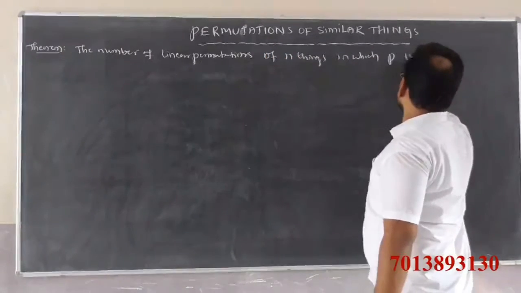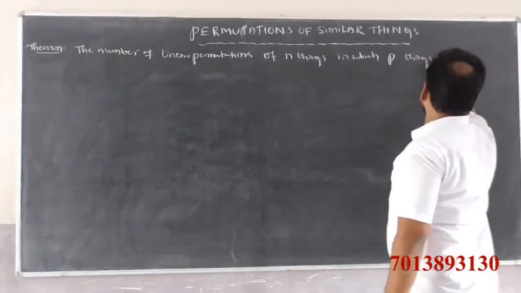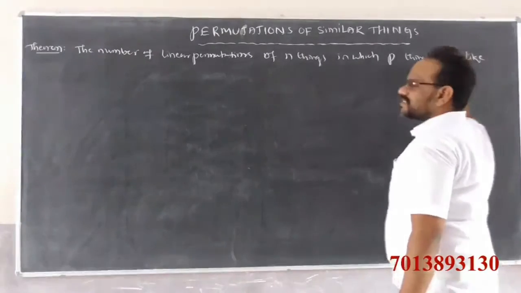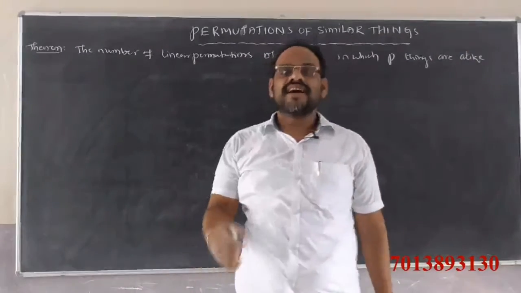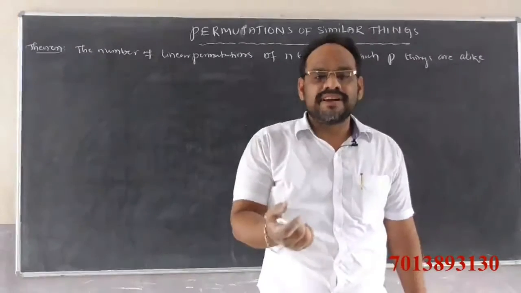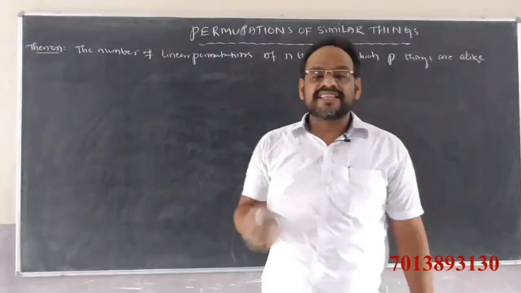P things are alike means the same kind of things, that is, repeated letters. P things are repeated, and the rest are different.